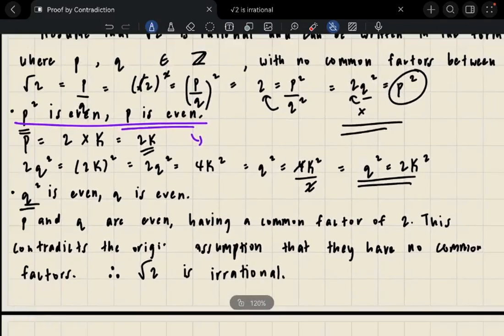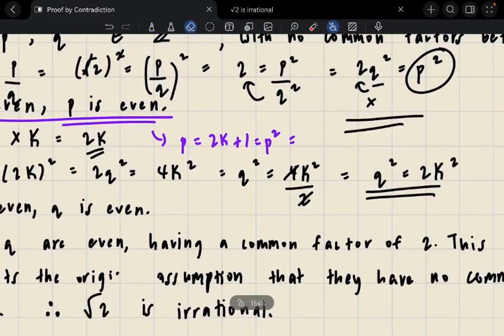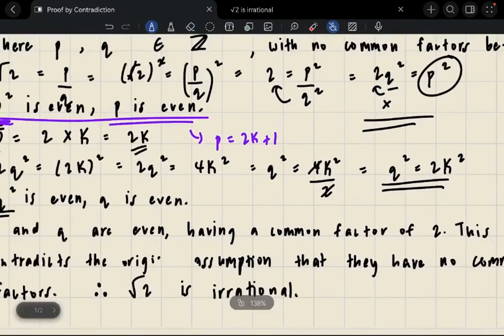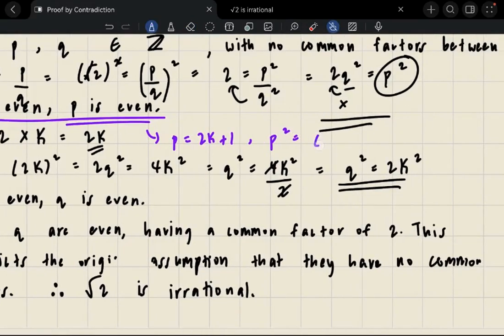So if p would be odd, that means instead of representing it as 2k, we would make it as 2k plus 1, right? So let's say p is 2k plus 1. That means for p squared, it would have to be 2k plus 1 squared, right?